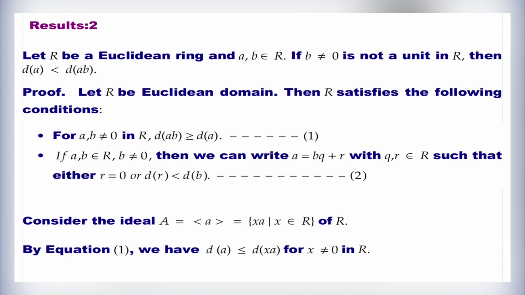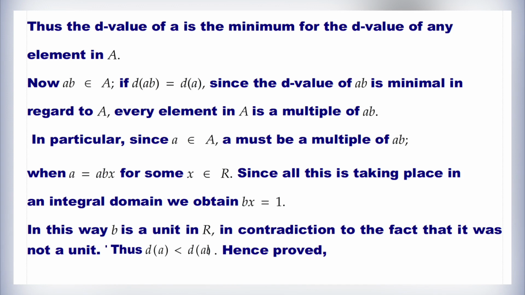Consider the ideal A equal to the ideal generated by A, that is equal to the set of all XA such that X is in R. By equation 1, we have D of A less than or equal to D of XA for X not equal to 0 in R. Thus, the D value of A is the minimum of the D values of the elements in the ideal.